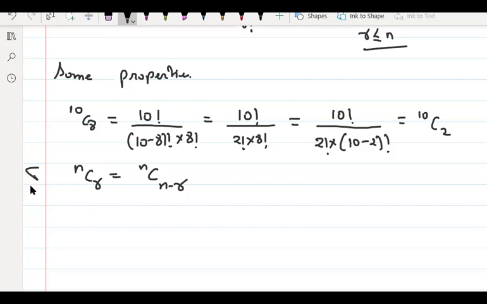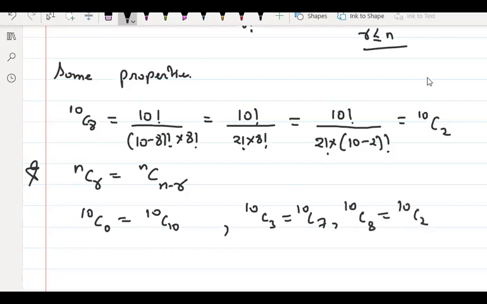First property says that NCR is equal to NC(N minus R), which means, suppose I'm talking about 10C0, 10C0 is equal to 10C10. Or 10C3 is equal to 10C7, or 10C8 is equal to 10C2 that I've just proved. Got it, guys? First property.